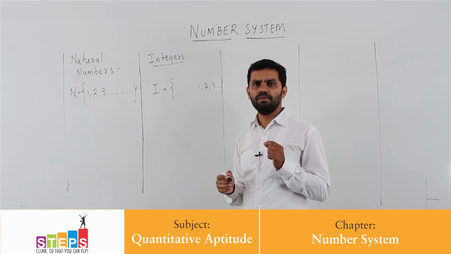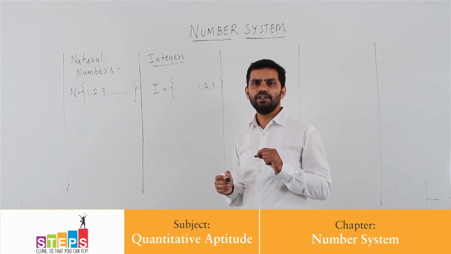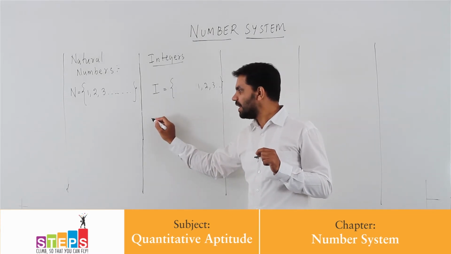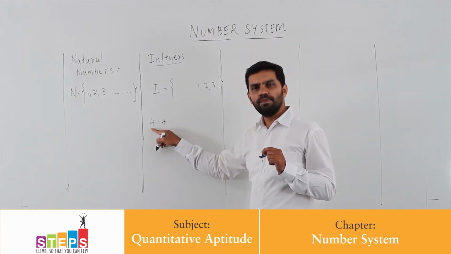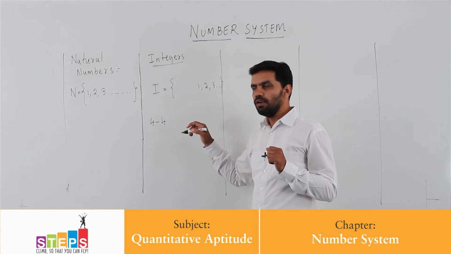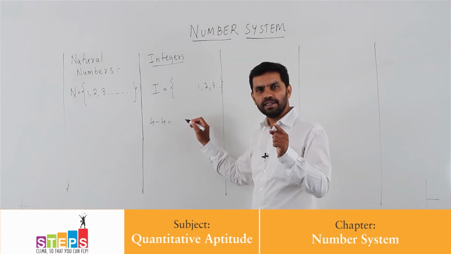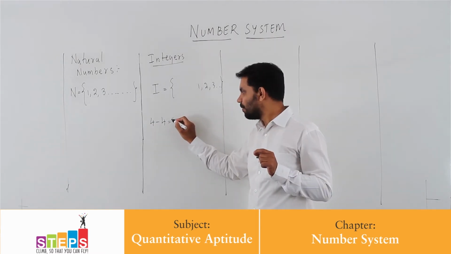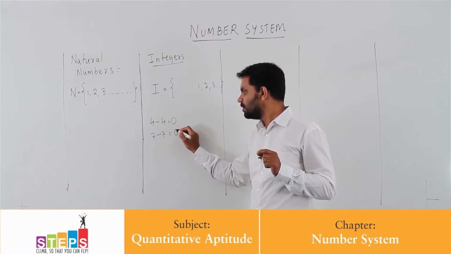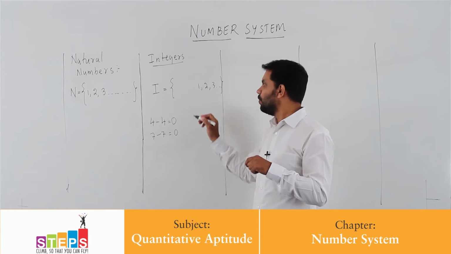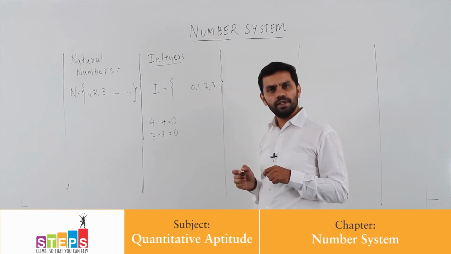Along with natural numbers, a question arose about what happens when a number is subtracted from itself. Example, 4 minus 4, your answer is 0. Again, 7 minus 7 leads to 0. So 0 is included along with natural numbers.